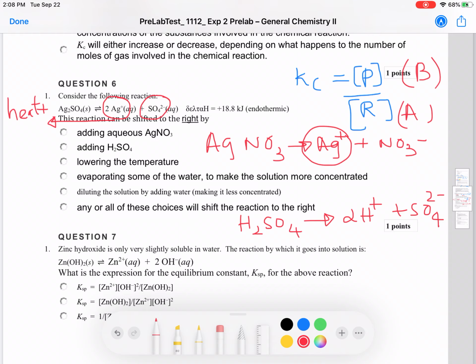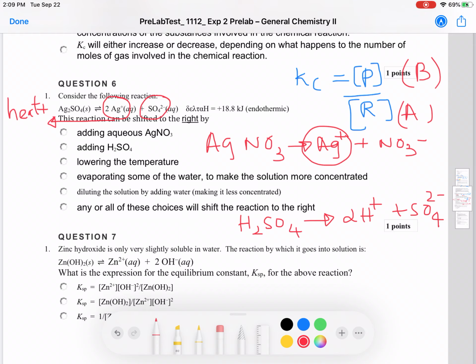Lowering the temperature. What's going to happen if you lower the temperature? If you lower the temperature, heat is a reactant, right? So heat is a reactant. So if you lower the temperature, then again the reaction will shift to the left side, because the left side is where we have the heat.